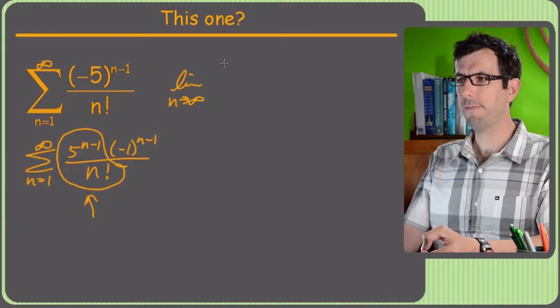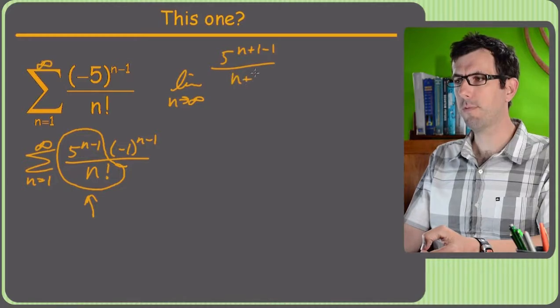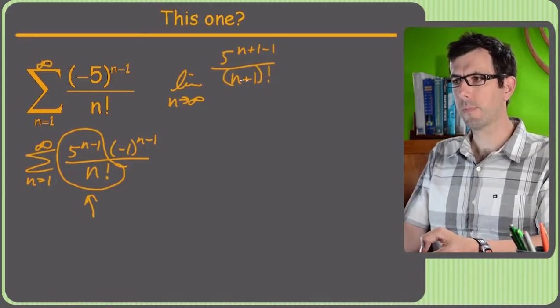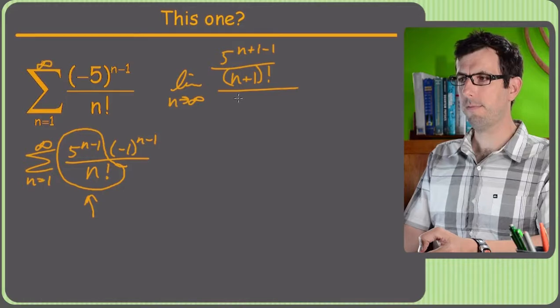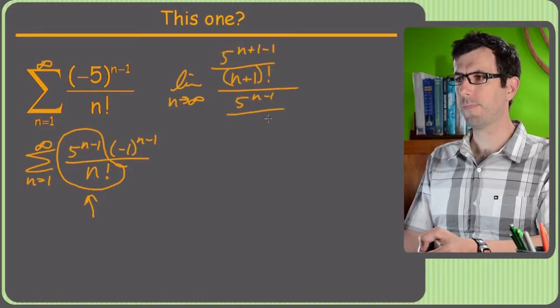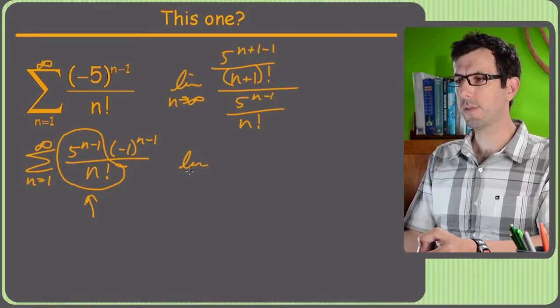So if we plug in n plus 1, we've got 5 to the n plus 1 minus 1 over n plus 1 factorial divided by 5 to the n minus 1 over n factorial. All right, so now I've got to invert and multiply.